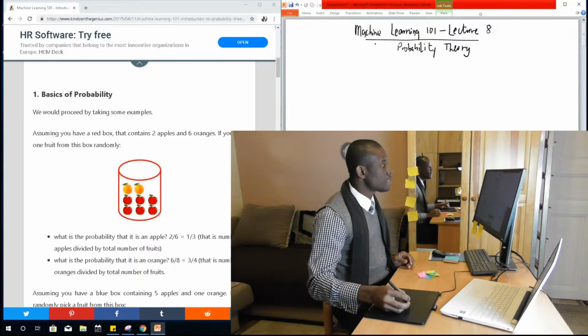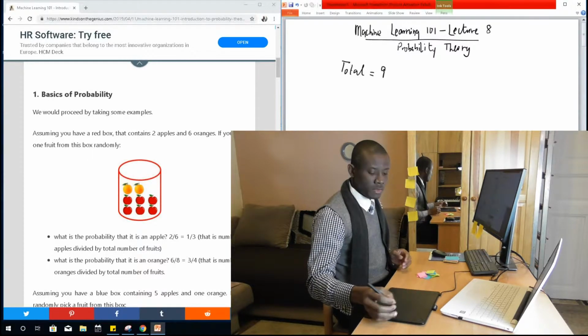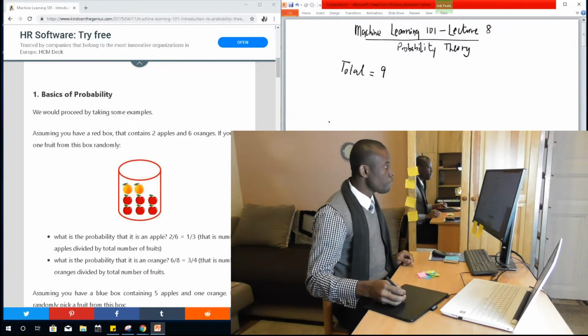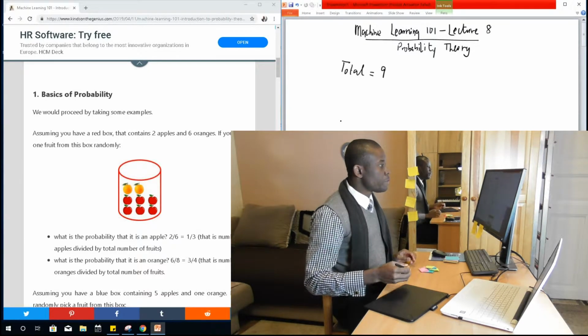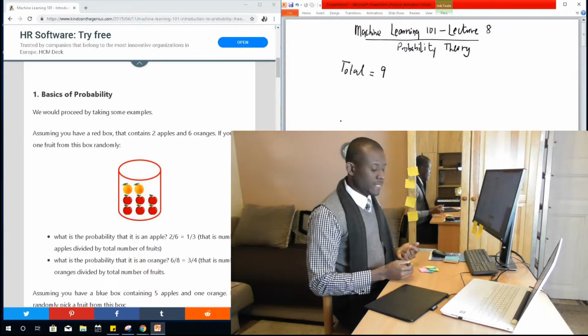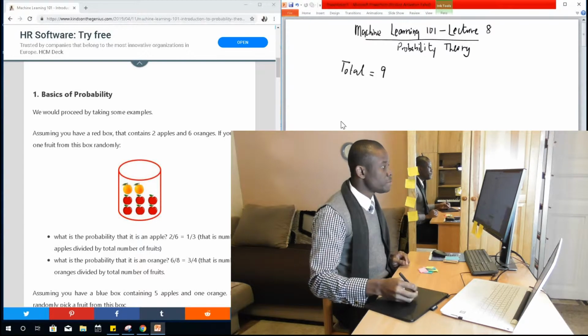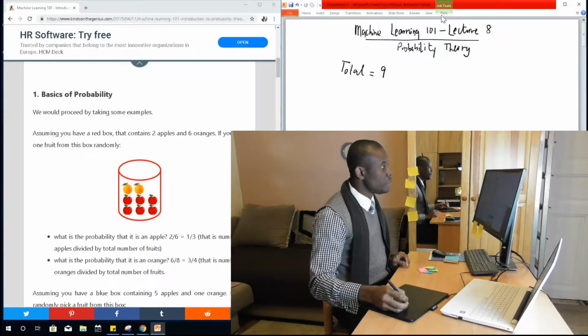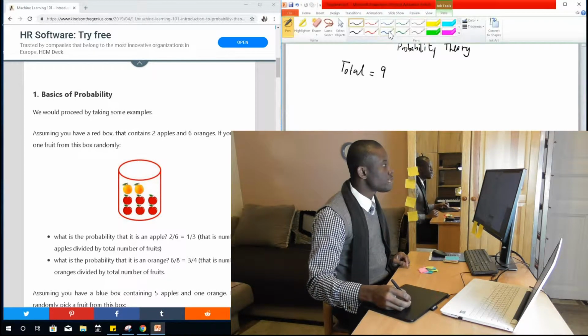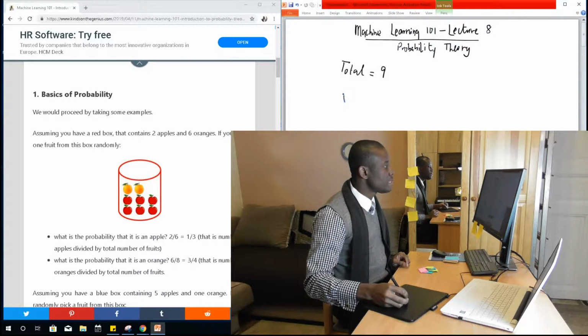So let's start with writing total: 9, okay? So the probability that I select a blue paper from here is going to be written as, let me use a different blue color so that it becomes clear, PB.